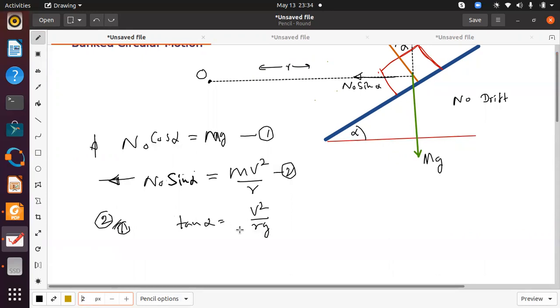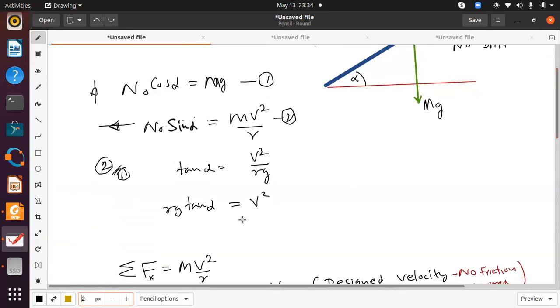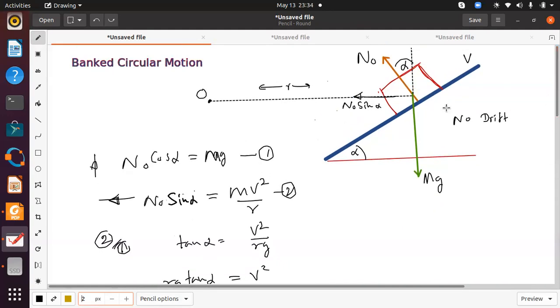By these three design features, we can obtain the optimum velocity. So v squared must be rg tan alpha. If v is equal to root of rg tan alpha, then this vehicle can move in this circular path without requiring any additional forces.